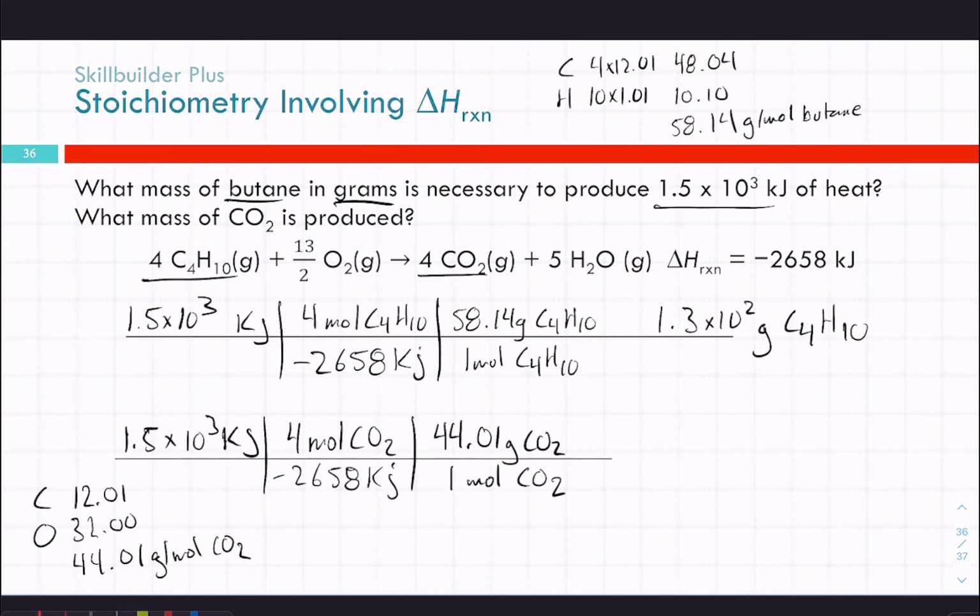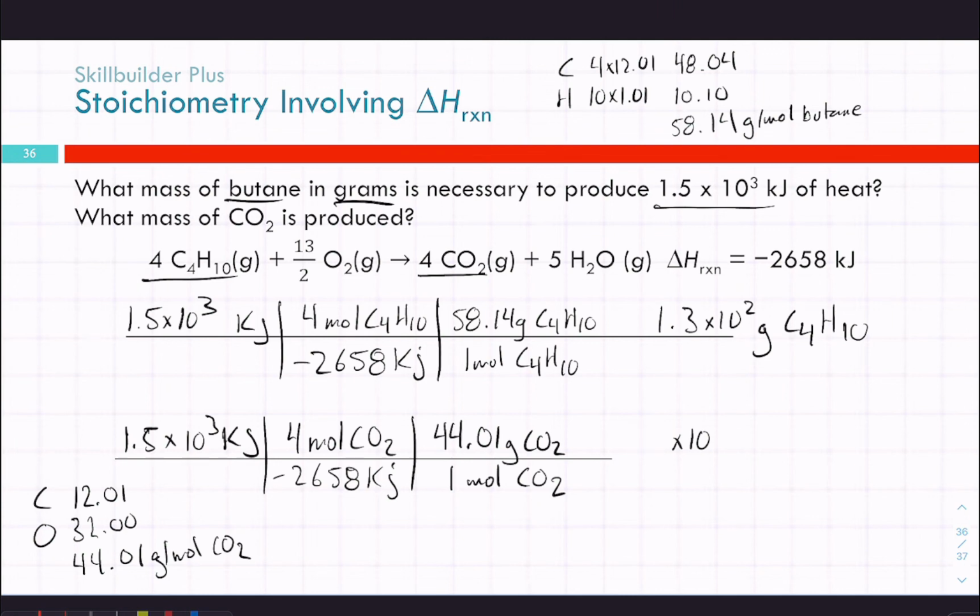So 1.5 times 10 to the 3 times 4 times 44.01 divided by 2,658 for 1.0.